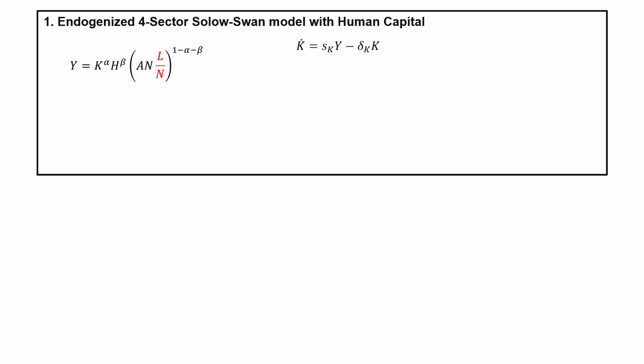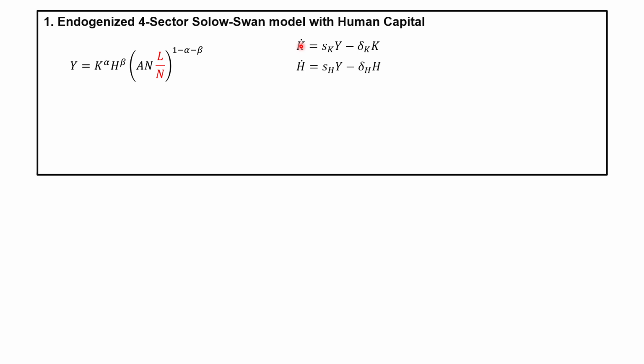So in your typical Solow-Swan model, you say the growth in physical capital is a function of the savings rate of capital multiplied by the output, minus your depreciation factor. Human capital is a function of your savings rate for human capital multiplied by output, minus your depreciation factor.